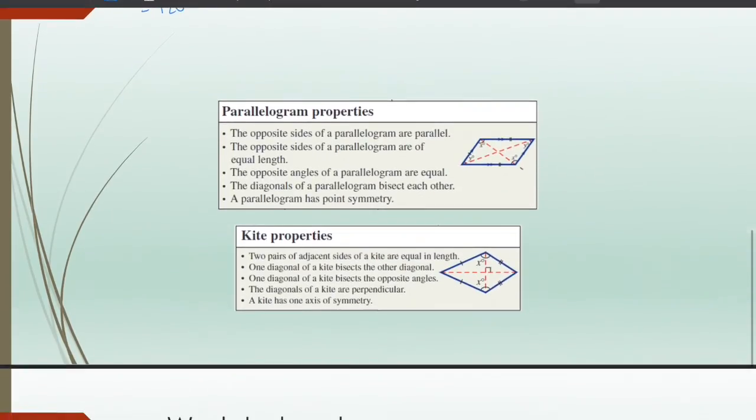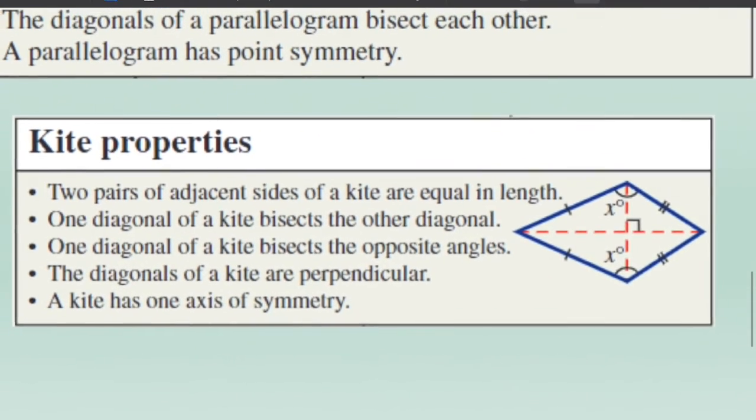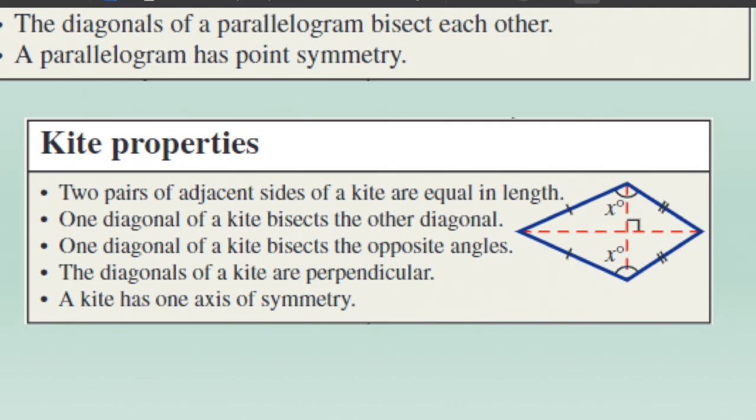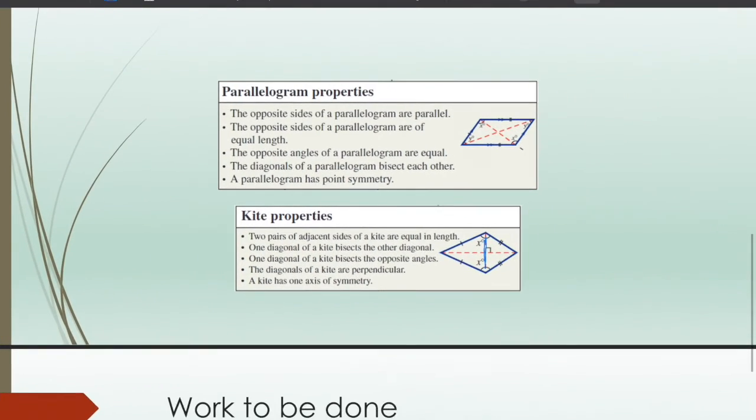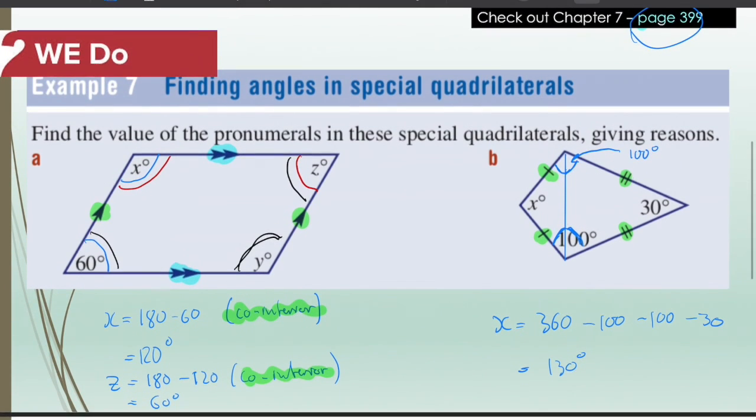Again, we could have tried to remember that in a kite, these two angles are equal, but I think it's better to just remember the isosceles triangle and think about how we can apply that.